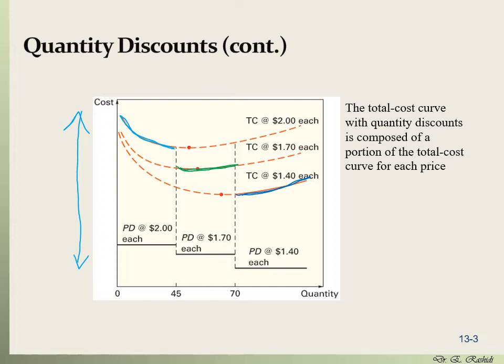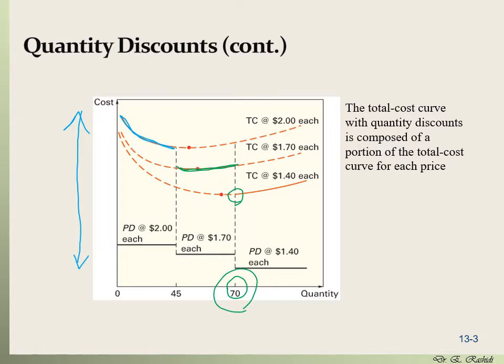So somewhere here, which is this point. So this point would be our minimum. That means that the optimal quantity would be 70.